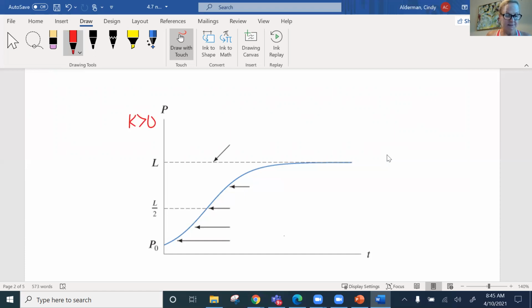Okay, so let's label some of this stuff. This horizontal asymptote is called the carrying capacity.